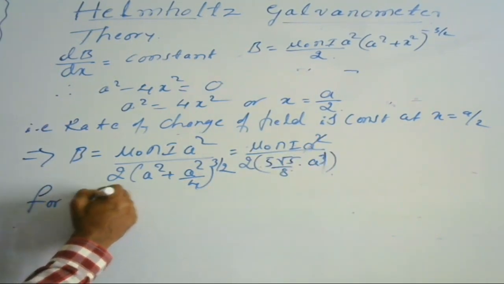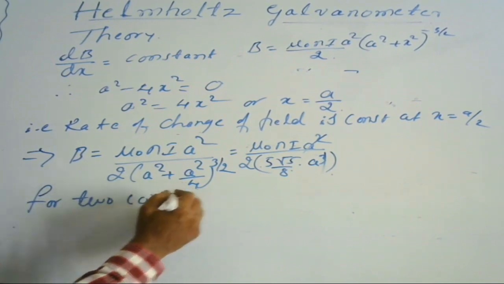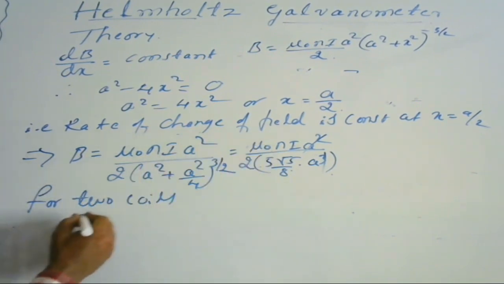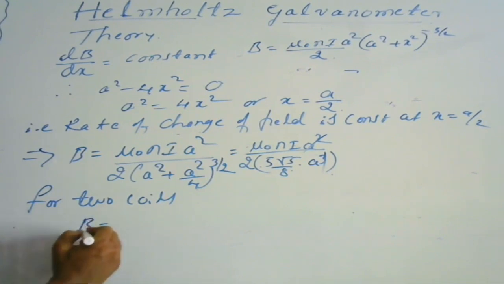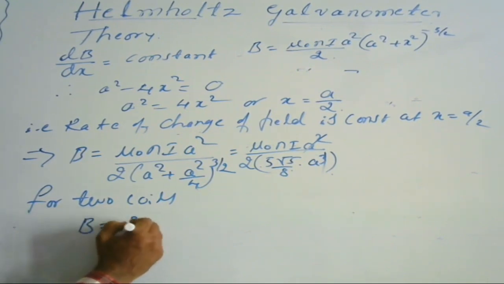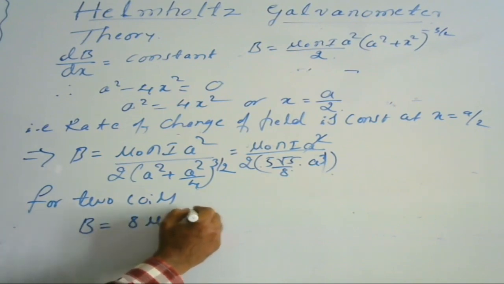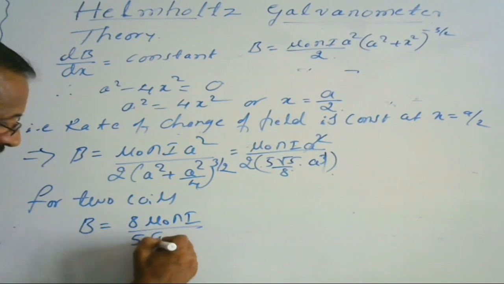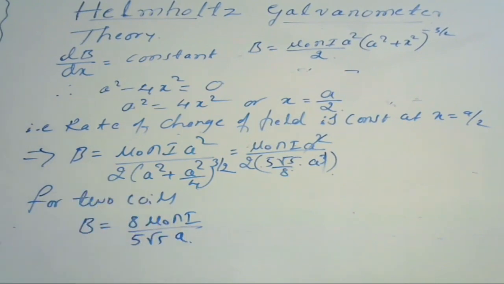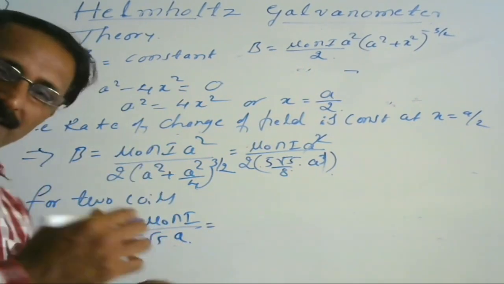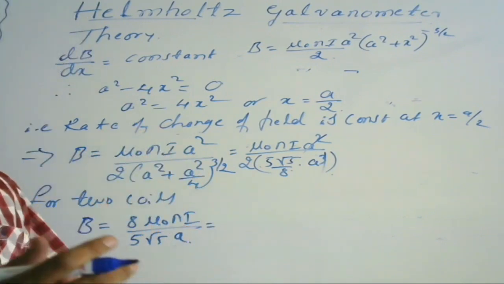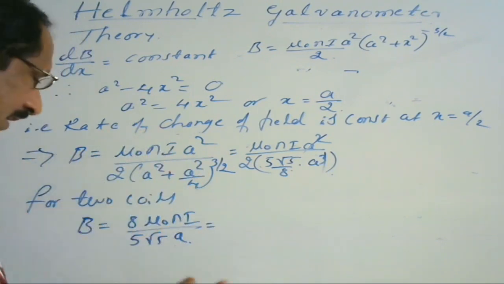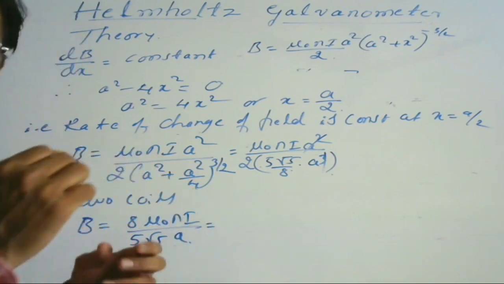For 2 coils, on simplification, we can write B as B is equal to 8 mu naught N I divided by 5 root 5 A. So this is the magnetic field produced in the Helmholtz galvanometer when current I flows.